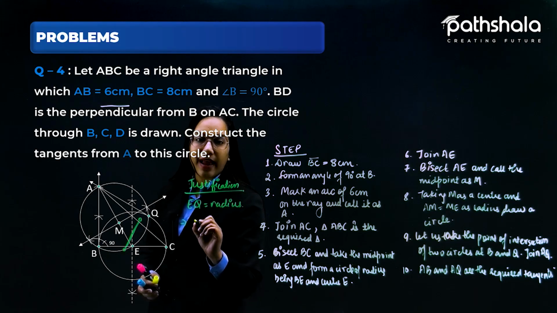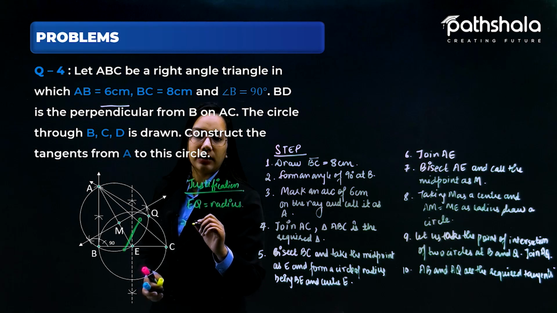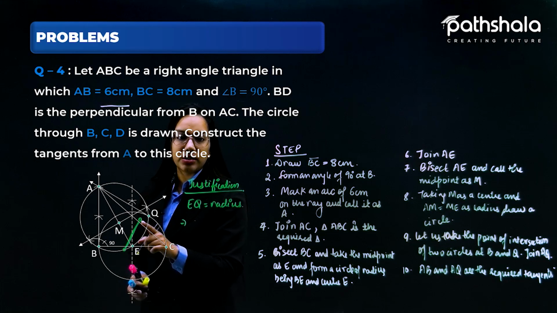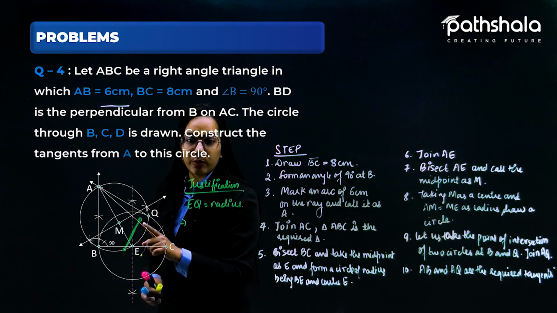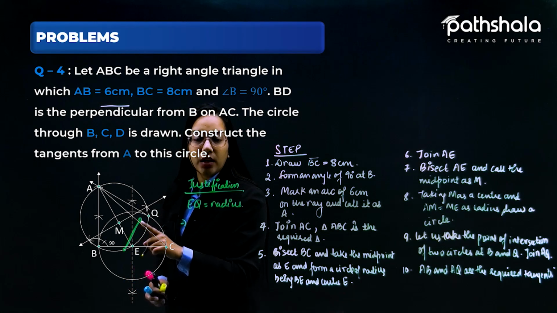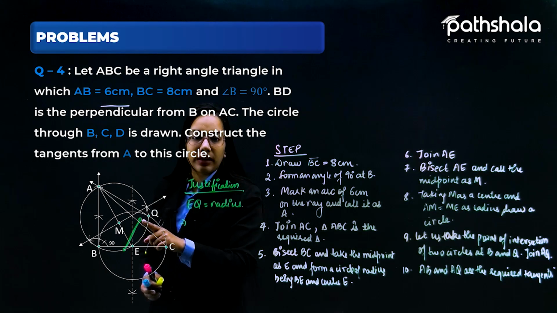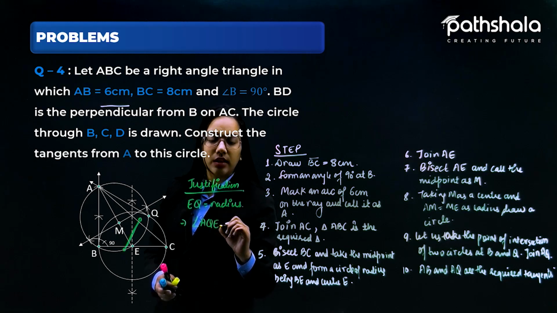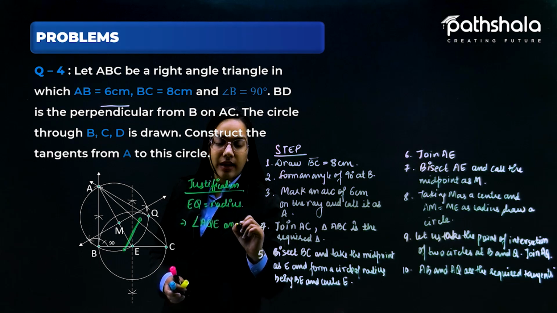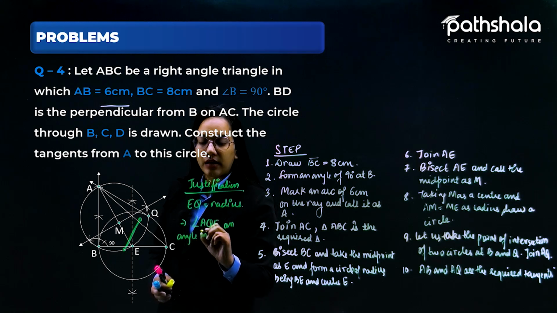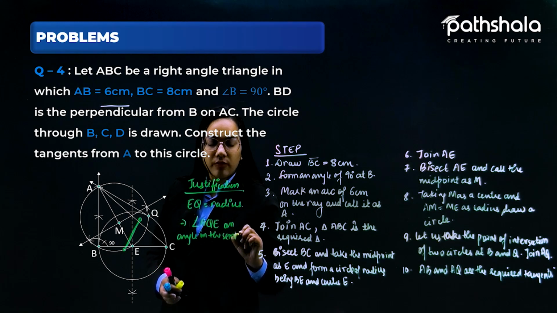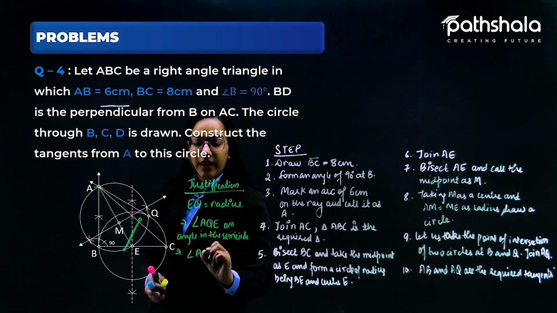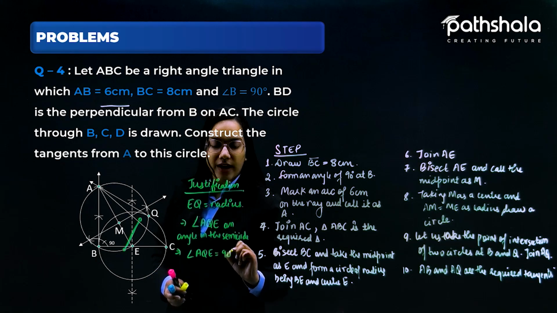It implies that the angle we have is this particular angle, AQE. This angle AQE is an angle in the semicircle. We know that the angle in the semicircle is always 90 degree. It means that the angle AQE is equal to 90 degree.